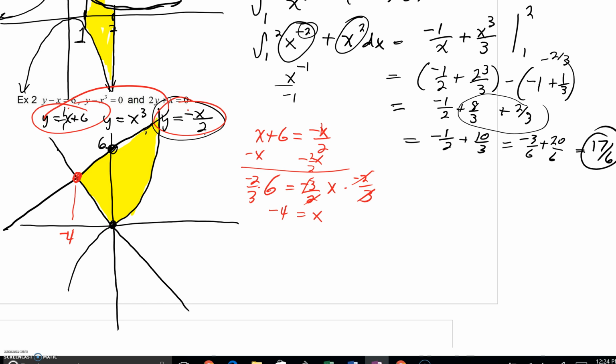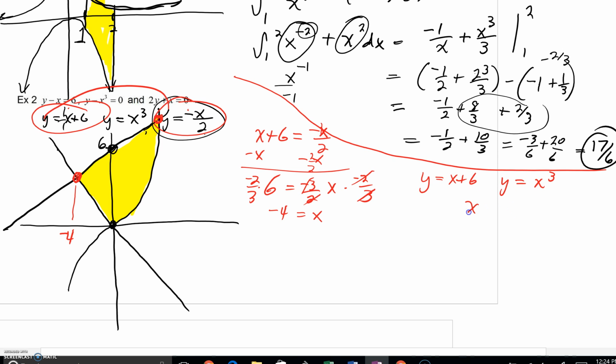And then you could say, well, wait a minute, what about this other curve right up here, the cubic, y equals x to the third, intersecting y equals x plus 6? You could think, well, wow, as I work that out, y equals x plus 6 and y equals x to the third, what can get kids very nervous is when they try to set this equal, they can say, wait just a minute, I don't know how to solve something like that.